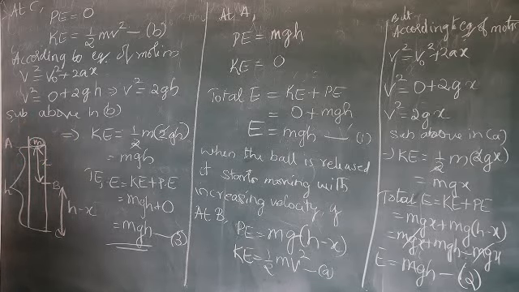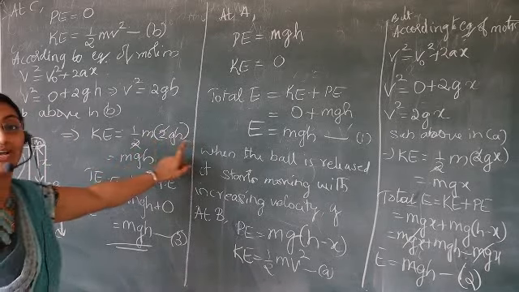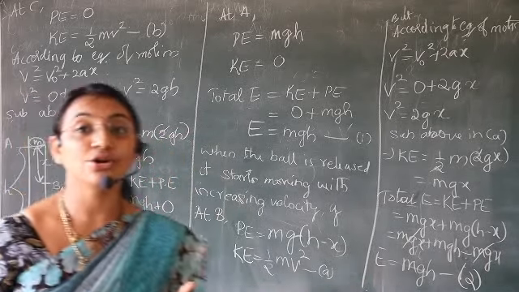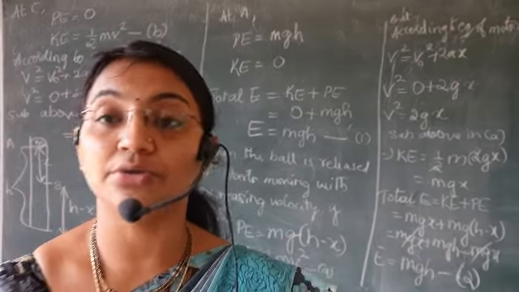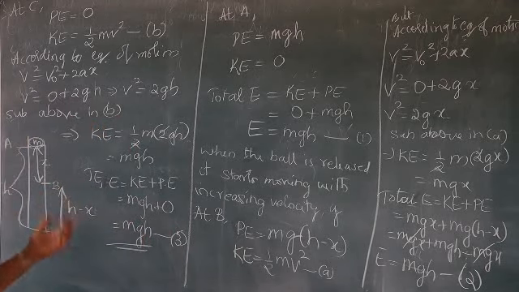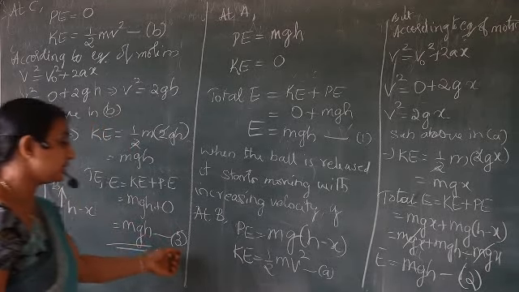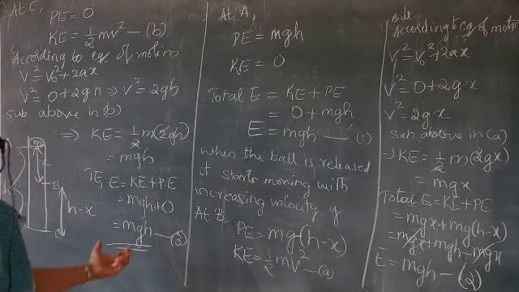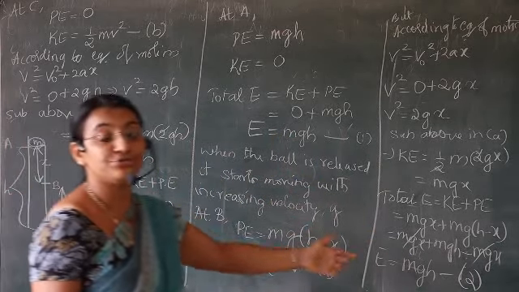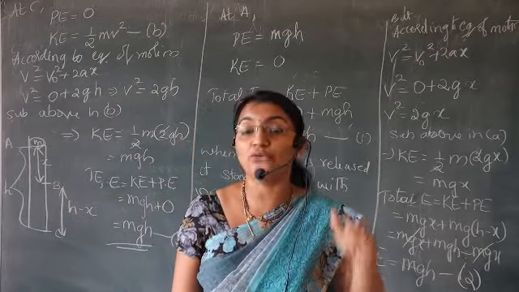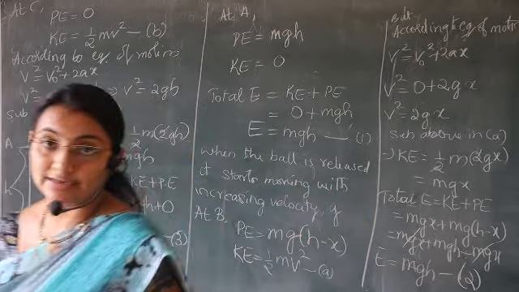Substitute the above in equation B. We get kinetic energy is equal to half m times 2gh. The 2 gets cancelled, so kinetic energy is equal to mgh. Again, total energy is equal to kinetic energy plus potential energy, that is mgh. Now compare equations number 1, 2 and 3. You have to write this at the end. Comparing equations 1, 2 and 3, we come to know that the total energy of the system is conserved.